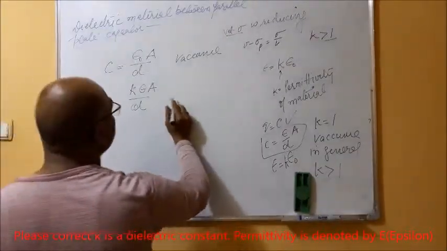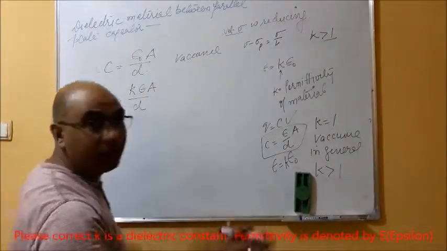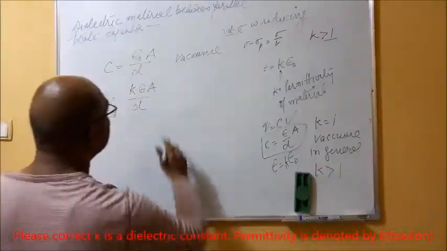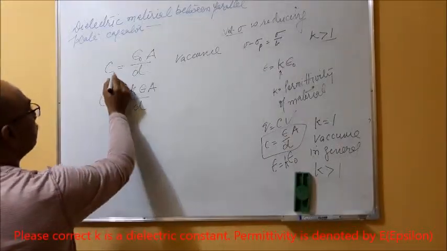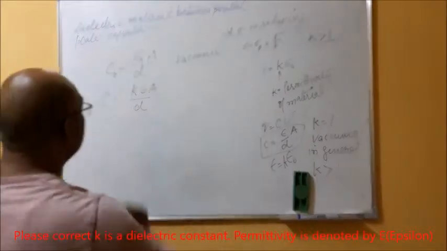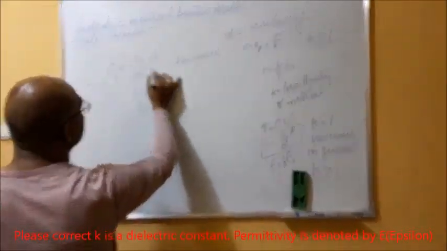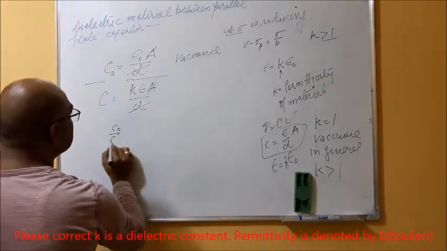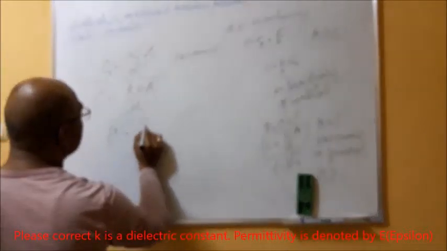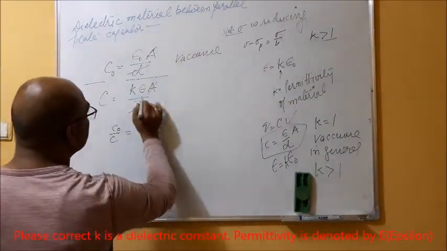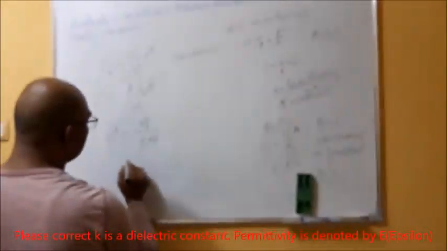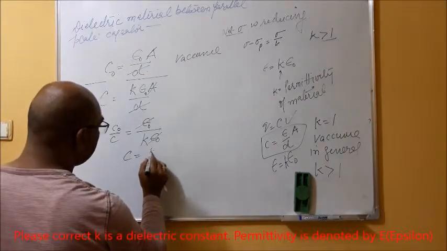And if we have any medium, a dielectric medium, maybe air, maybe anything, we put here k. So if I denote the vacuum value by epsilon naught and divide both the equations, what I will get is C naught upon C equals epsilon naught upon k epsilon naught, again this is cancelled, so C is given by k C naught.